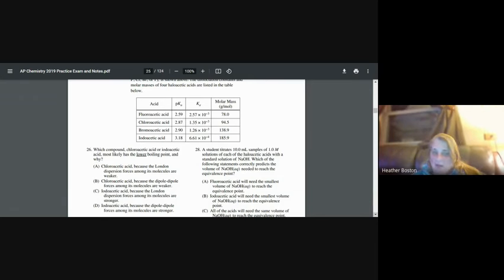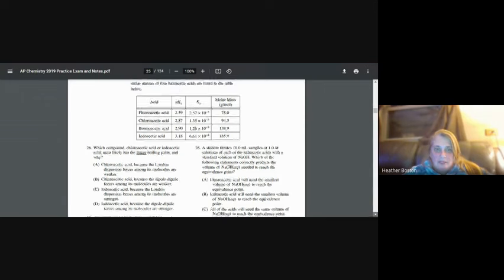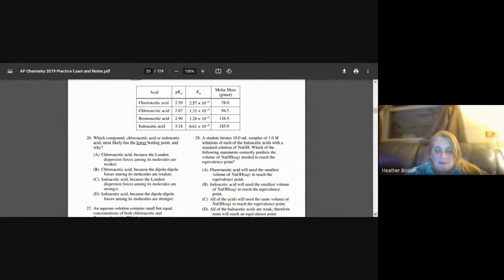Well, chloroacetic acid is more likely to have the lower boiling point, meaning that at a lower temperature it's already going to be boiled. That's because of the lower molar mass, just like chlorine is a gas at standard conditions and iodine is a solid. We expect that the correct answer is going to include the chlorine.